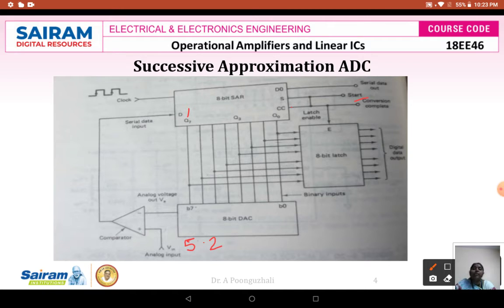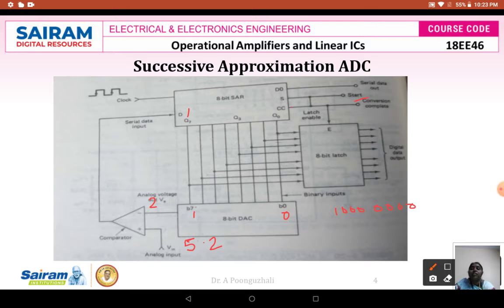If I assume the maximum value is 255, here we will have it as 256. So this bit will be 1 and the rest are going to be 0. That means your 8 bits are nothing but 1, 0, 0, 0, 0, 0, 0, 0.